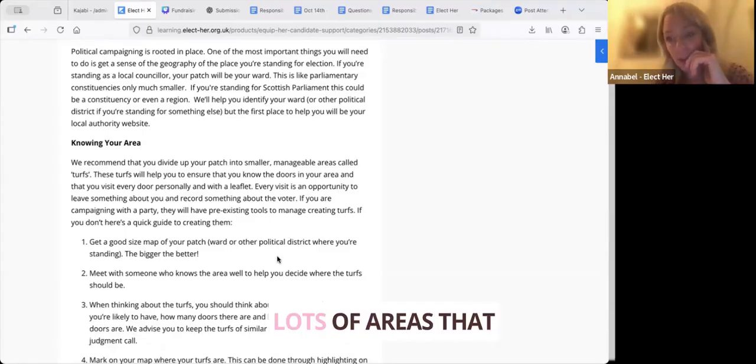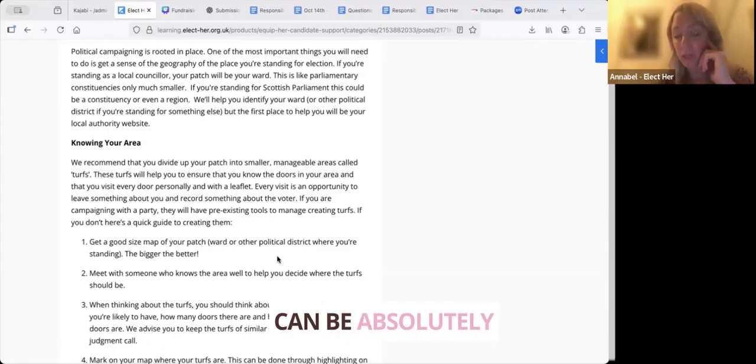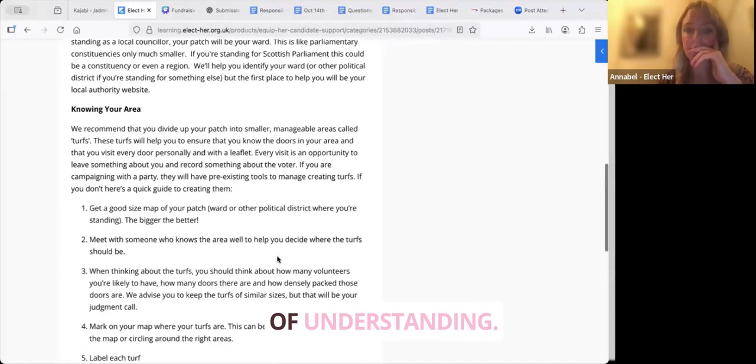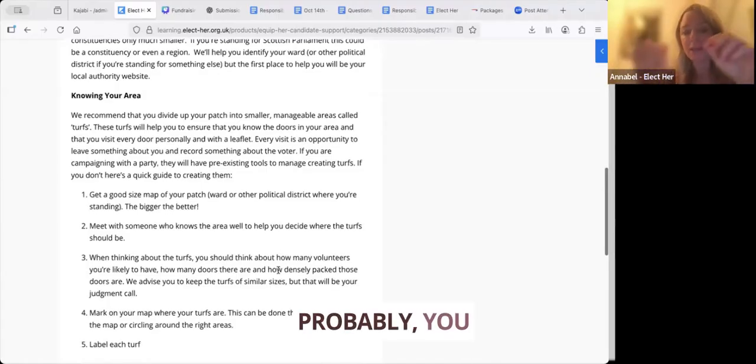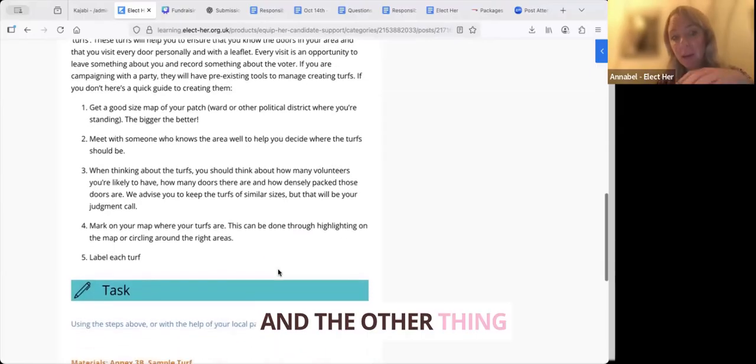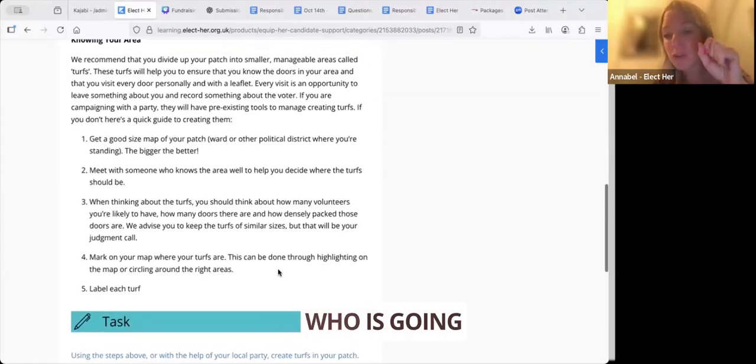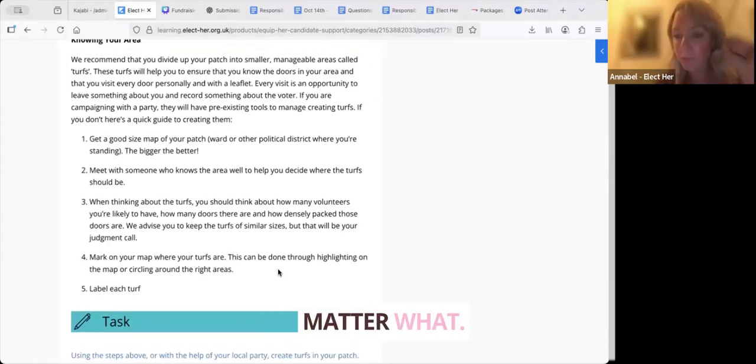And I get that for lots of areas that can be absolutely enormous. And it can be miles of understanding. And you will probably touch on some parts more than others. The other thing about this piece of it is you will also understand who is going to vote for you no matter what.